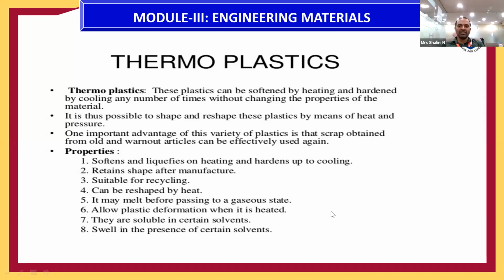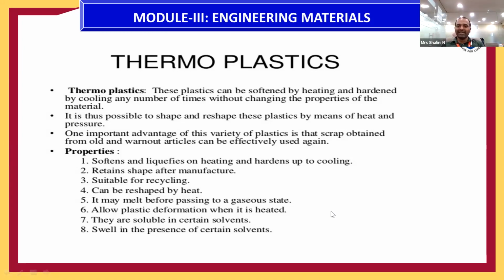One important advantage of this variety of plastics is that scrap obtained from old and worn out articles can be effectively used again. The properties of thermoplastics: they soften and liquefy on heating and harden on cooling, retain shape after manufacture, and can be reshaped by heat.